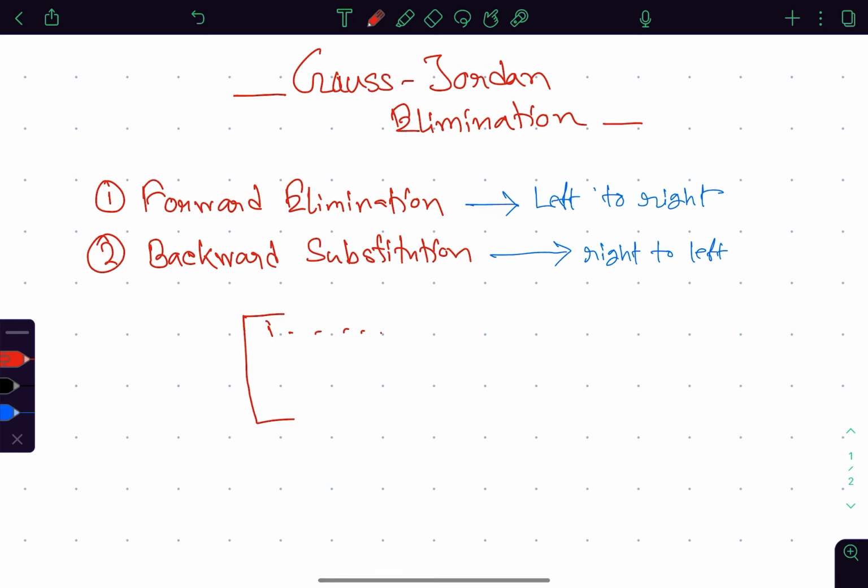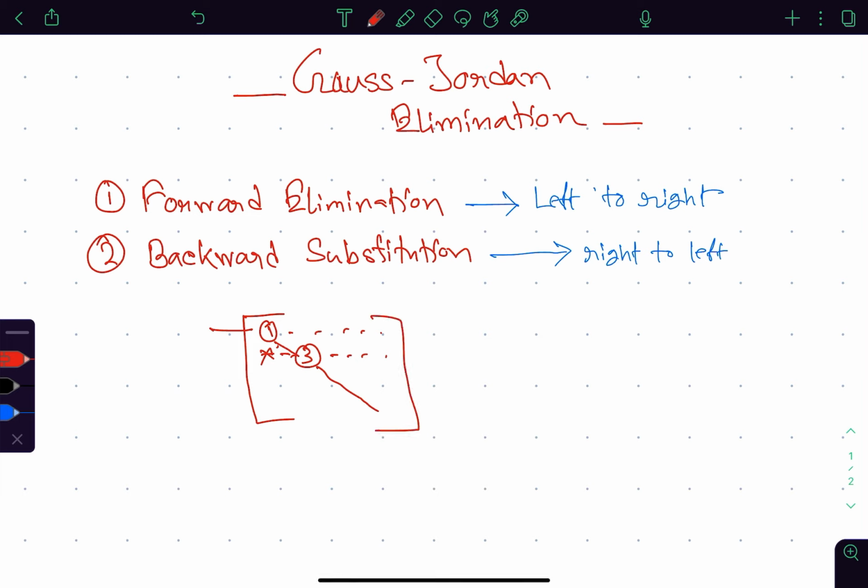So this element is the pivot of the first row, right? Then for the next row the pivot will be the one directly to the right below that row. Maybe there will be something here, but that won't be the pivot. The pivot will be like this, so it will flow diagonally.